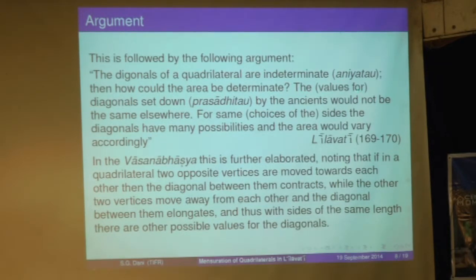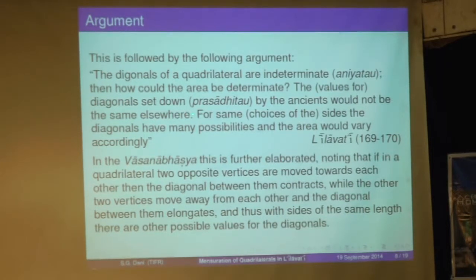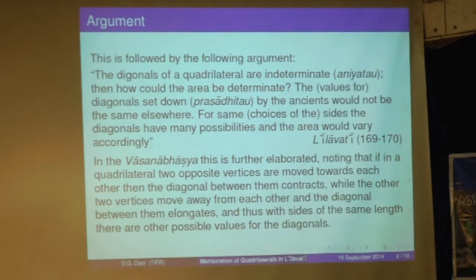So here he assumes somehow that, maybe for good reason, the values for diagonals set down, that is prasaritau, by the ancients would not be the same elsewhere. So if they computed it for certain values of diagonal, he assumes that some additional information is needed, and obviously they must have assumed some values, but they would not apply in all cases. The same choices of the sides and the diagonal have many possibilities, and the area would vary accordingly. So therefore you cannot have a formula.